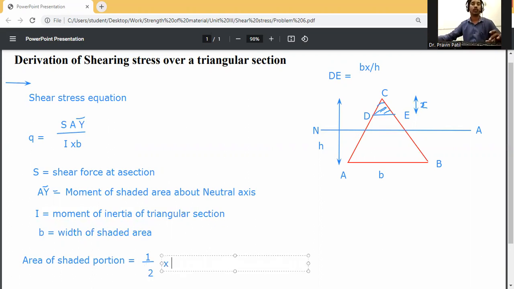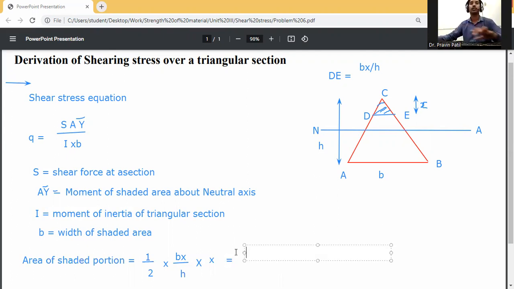So base will be bx by h, into bx by h into height. Height will be x.